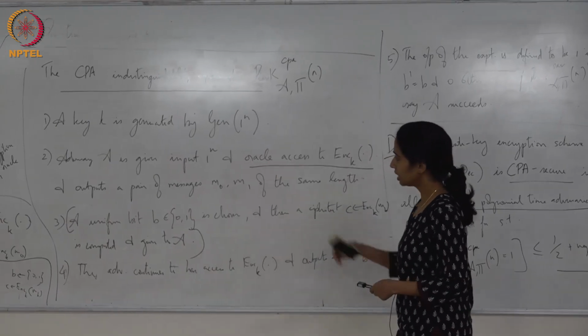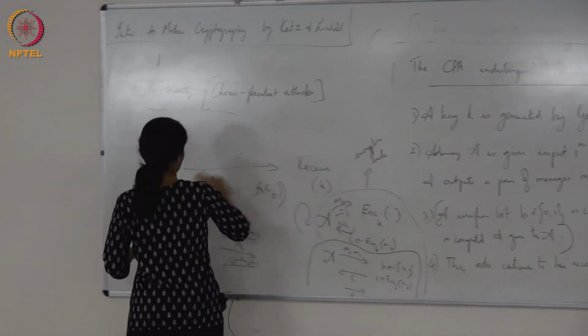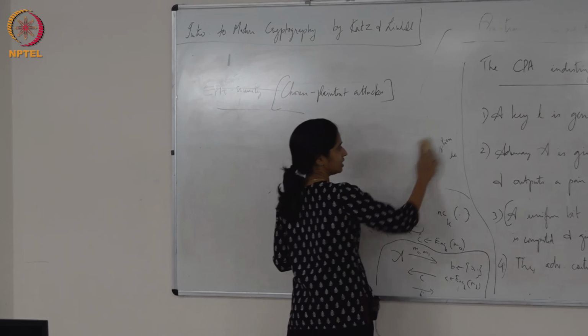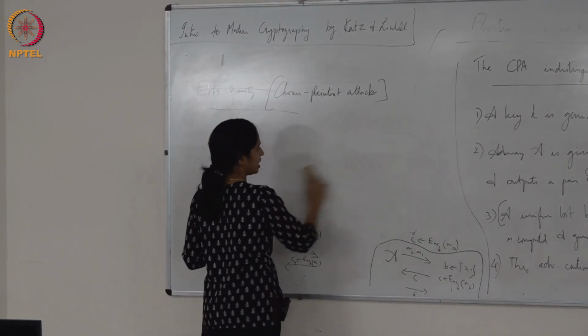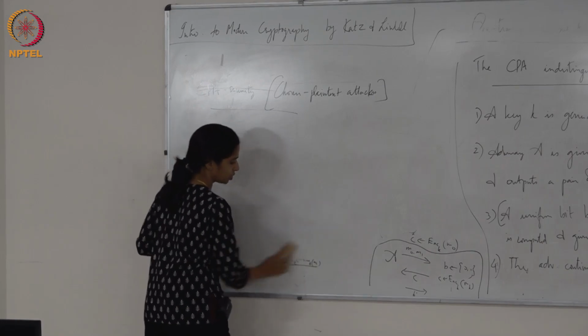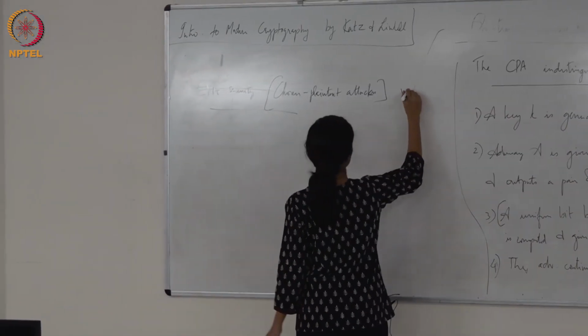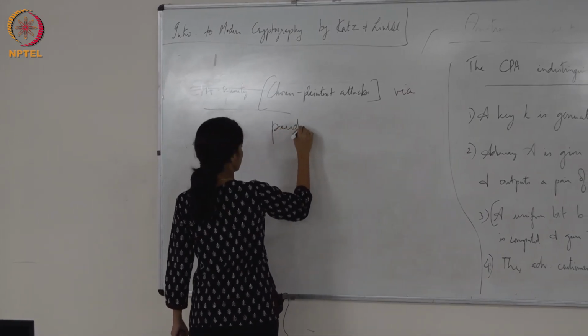Okay, so this sets up very well for what I wanted to discuss next, which is exactly how we build these CPA secure encryption schemes, and we will use a tool called a pseudo-random function. So, CPA security via pseudo-random functions.